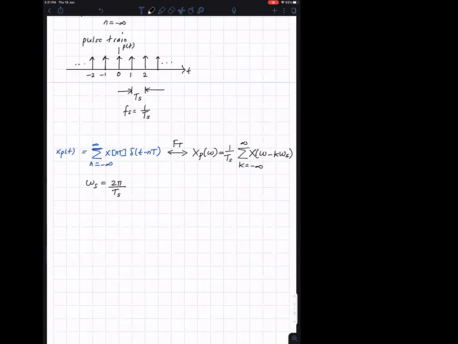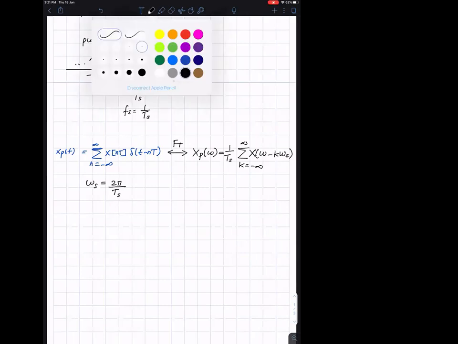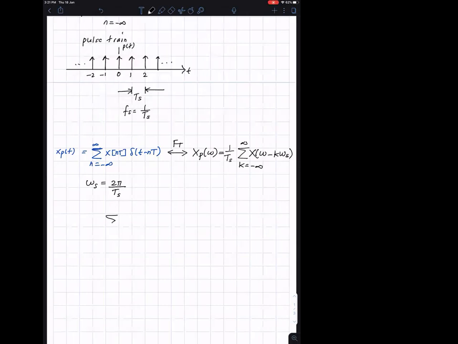Let me rewrite this. The Fourier transform, with n from minus infinity to positive infinity. Let me just write this: the Fourier transform formula.